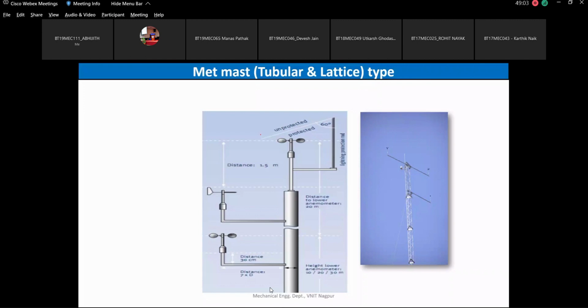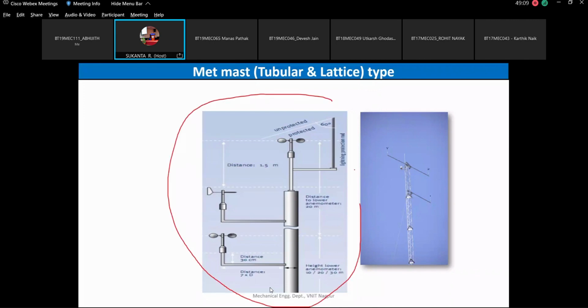So here you can see another standard. This is the distance you have to maintain: 7D distance, 7 times the diameter. At that distance only we can mount the anemometer and wind vanes.